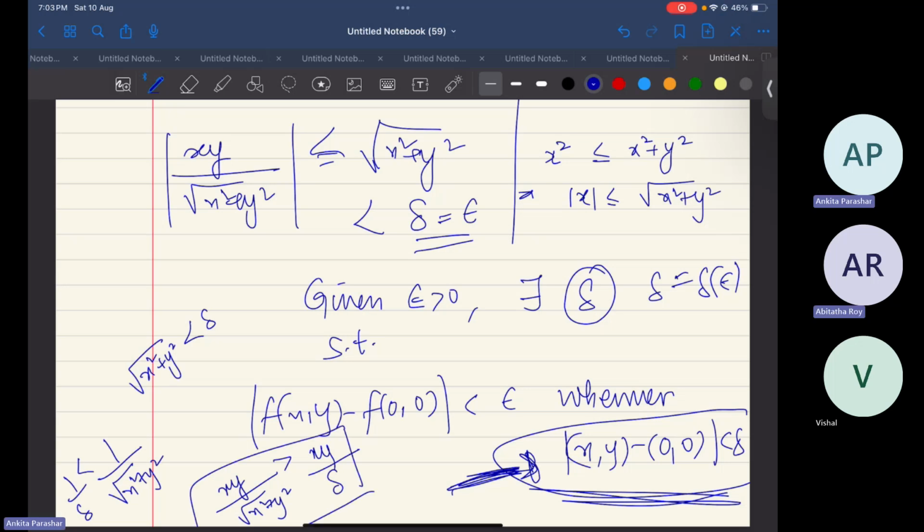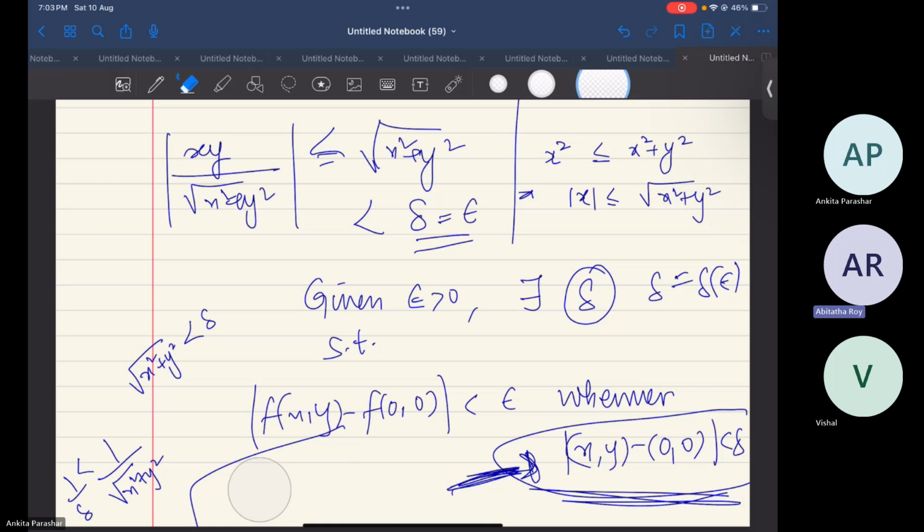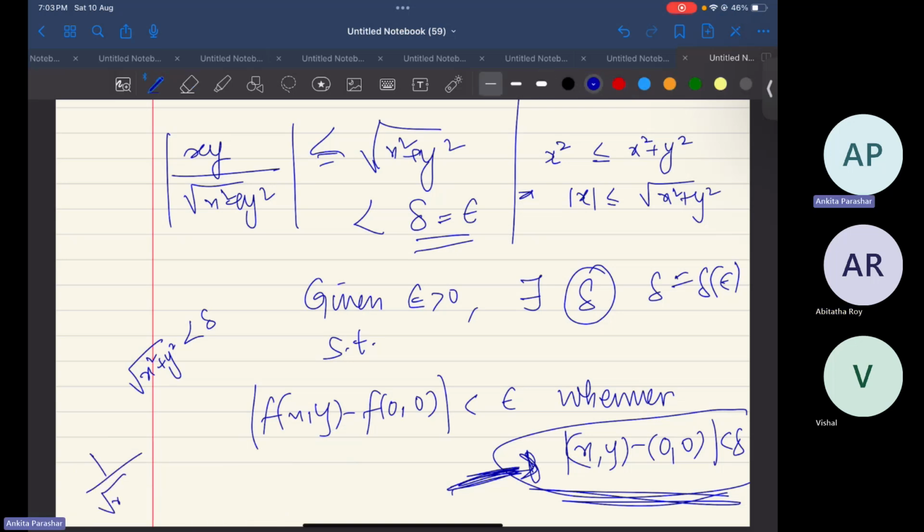Greater than delta, this thing. Sorry, this is greater than delta. Which means xy divided by root of x squared plus y square will also be greater than delta.